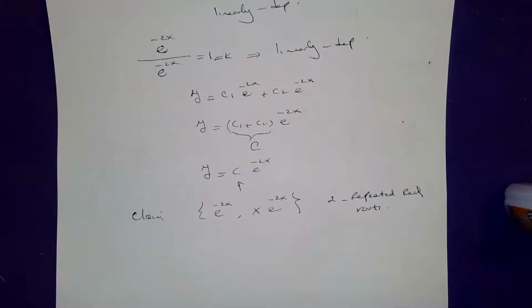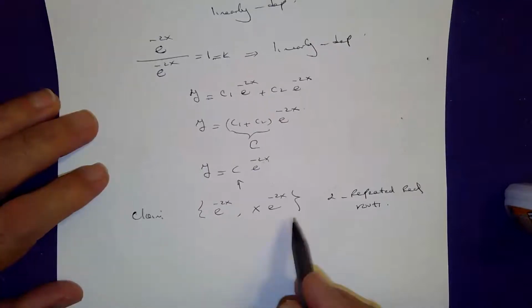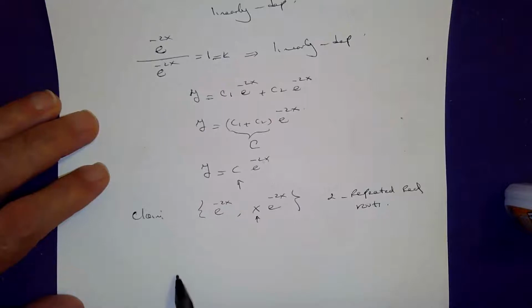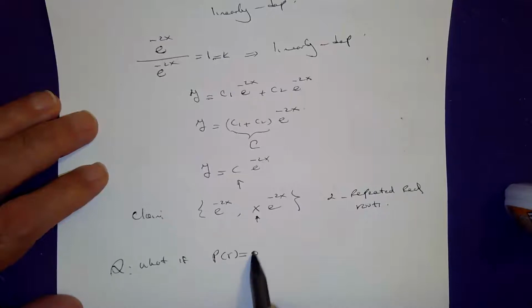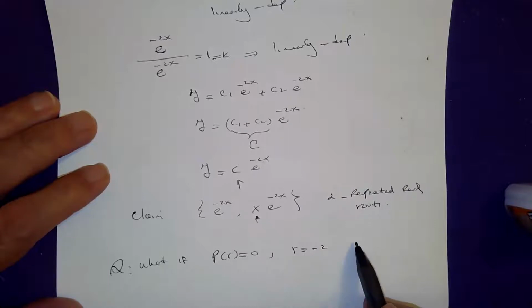So before I show you where this x is coming from, let me pose a question. What if I solve this polynomial and set it equal to 0 and I got negative 2 three times?